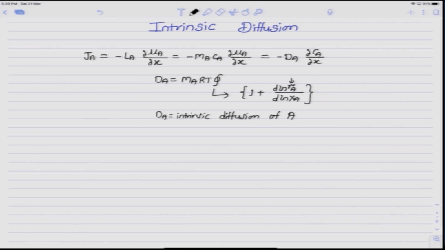When I say intrinsic diffusion, it is the diffusion under purely thermodynamic driving forces. That means we are not considering any movement that might occur in the lattice planes.